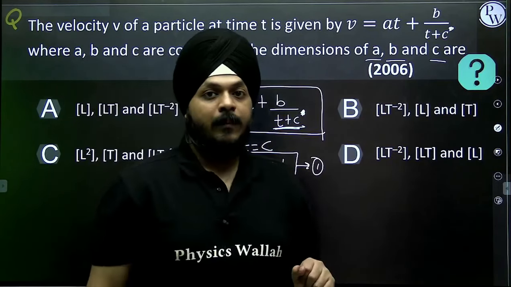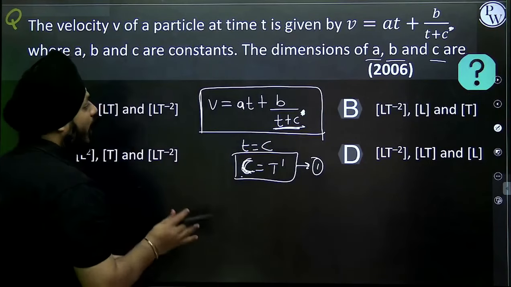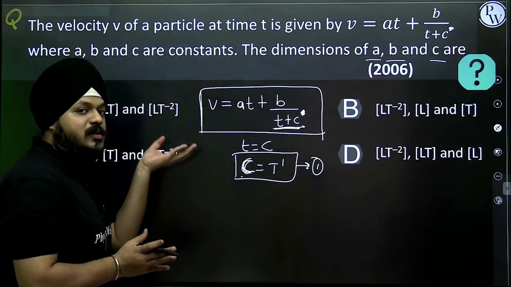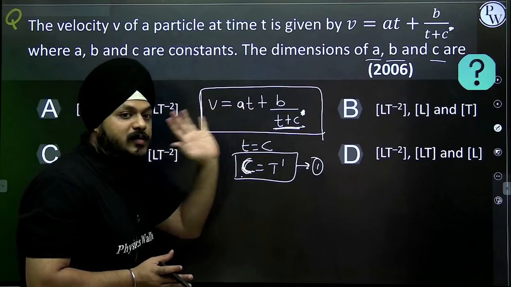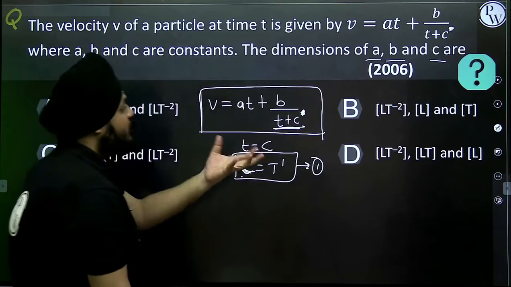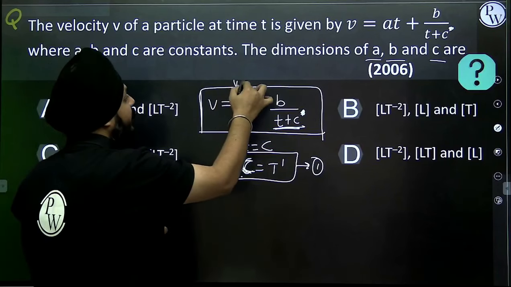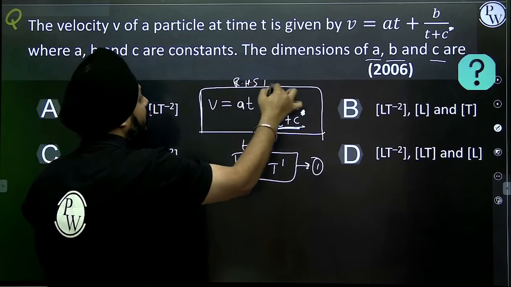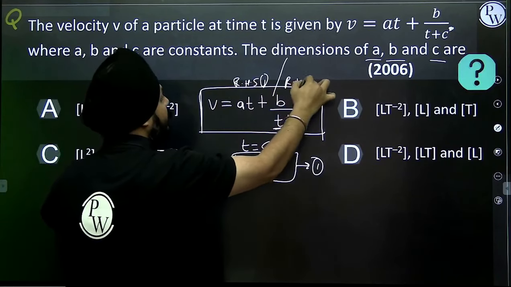Now, according to the principle of homogeneity, the dimensions on the left side are equivalent to the dimensions on the right side. But on the right side, we have two equations. This will be the RHS of 1, and this will be the RHS of 2.